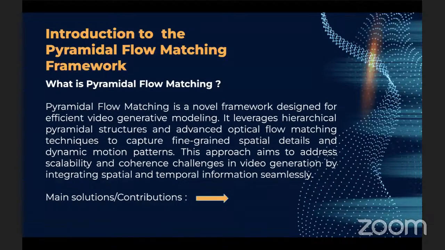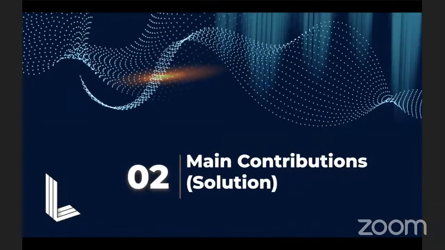It also uses advanced optical flow matching techniques to capture fine grained spatial details and dynamic motion patterns, promoting realism and consistency. Ultimately, pyramidal flow matching aims to address the scalability and coherence challenges inherent in video generation by seamlessly integrating spatial and temporal information. Now, let's explain the main contributions of pyramidal flow matching.